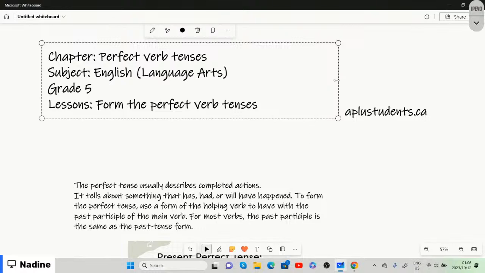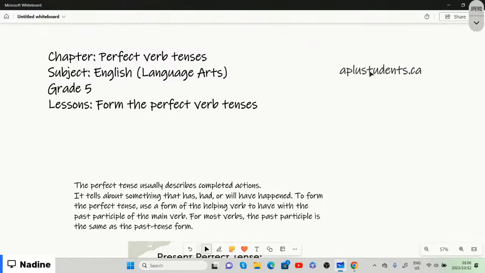We are doing a tutorial on aplusstudents.ca. So if you do want to go back, recap, and go over the lesson, you can go to aplusstudents.ca. The chapter, subject, grade, as well as lesson is on the screen.